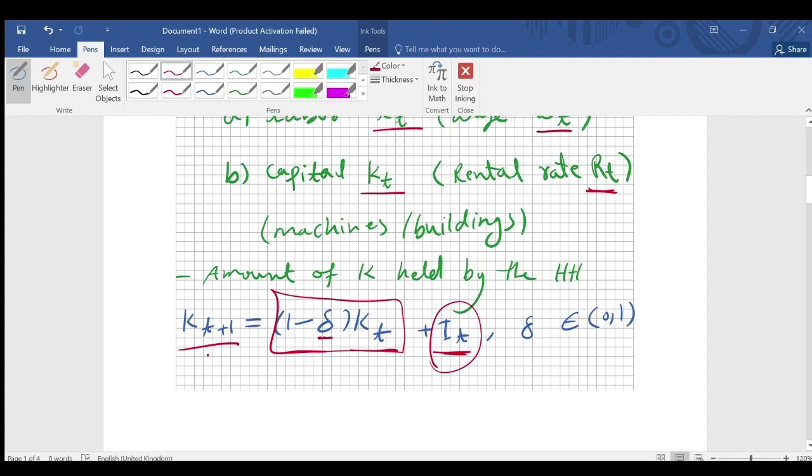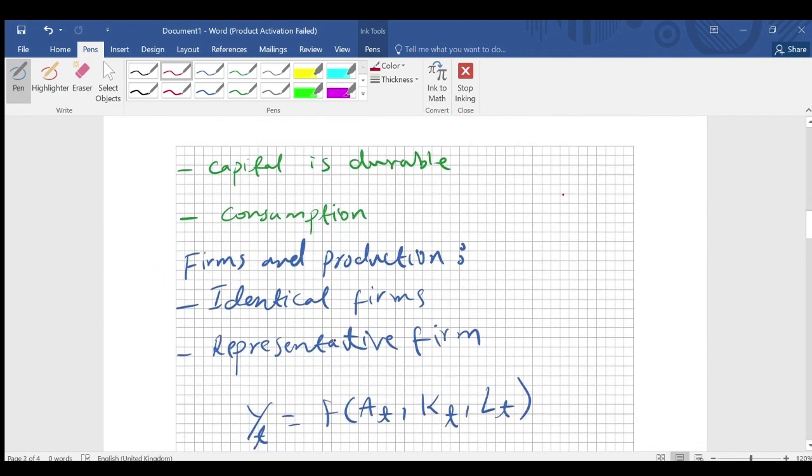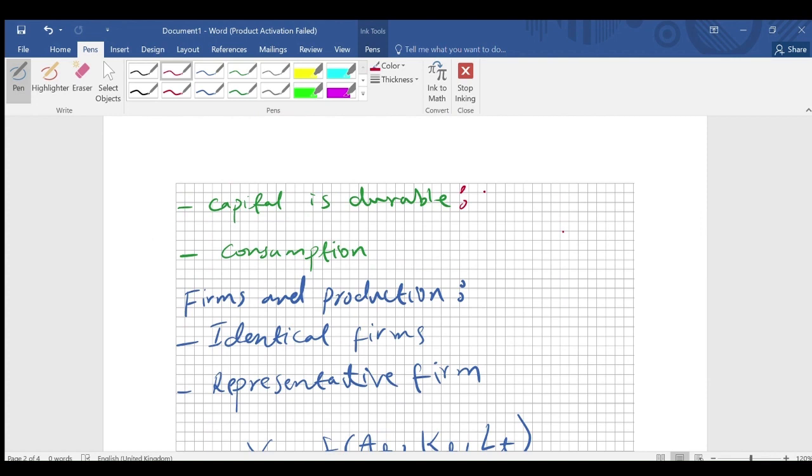So the capital will accumulate according to this whole equation here, which is K_{t+1} equals (1 minus delta) times K_t plus I_t, which is investment, and that is equal to the household's saving. We will talk about saving and consumption in a moment. On consumption, the Solow model assumes that households consume a 1 minus s fraction of their income.